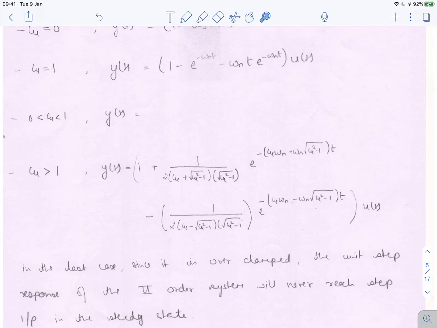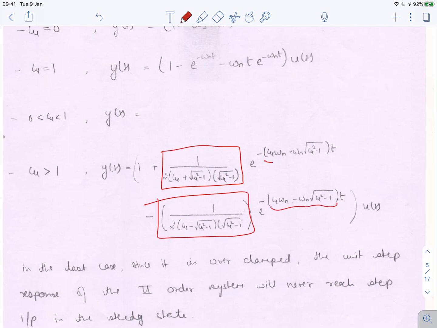But it's not so complex, because these terms are some constant terms, and these are the roots of the polynomial. So we have only some exponential terms and one is the first term, 1. So this response would almost appear as a first order response.